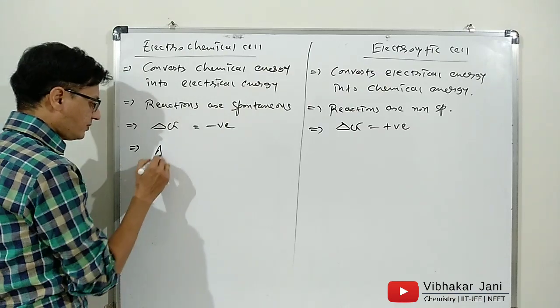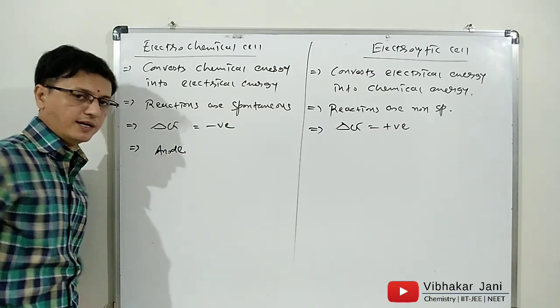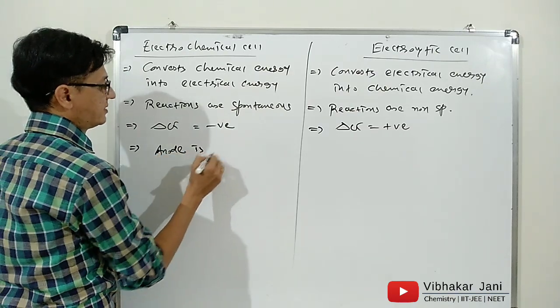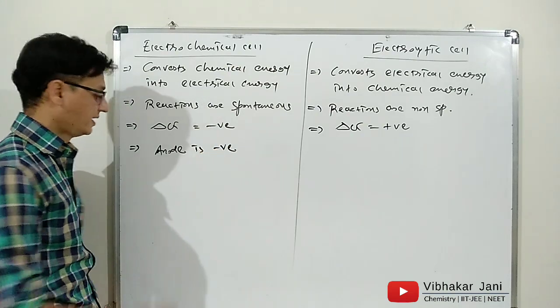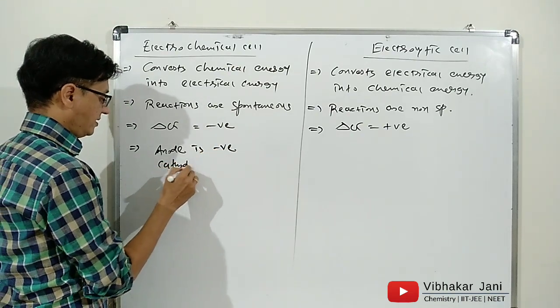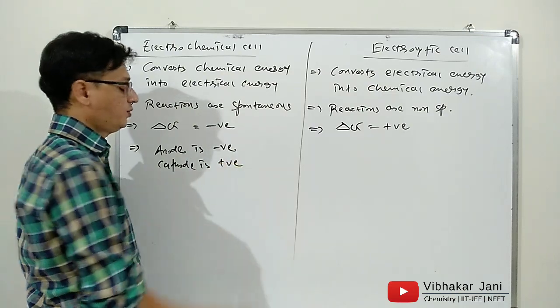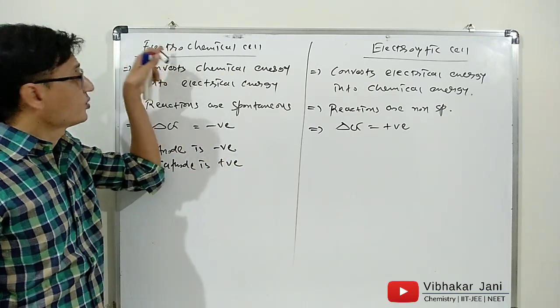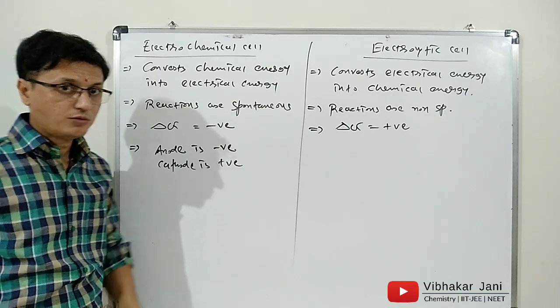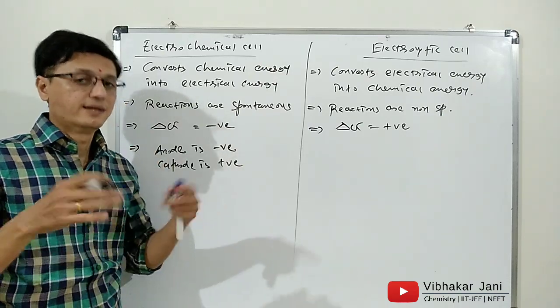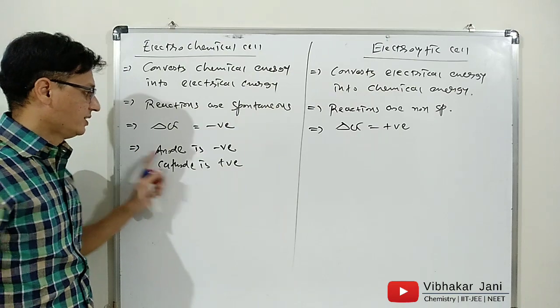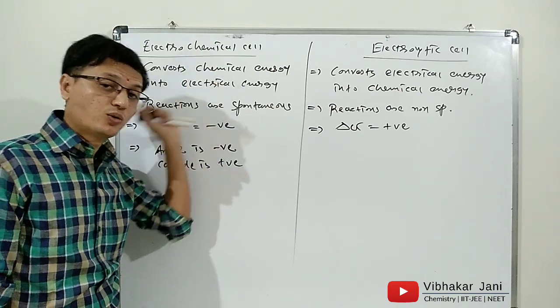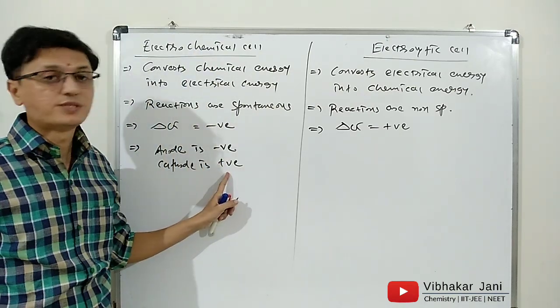Now, anode is the negatively charged and cathode is the positively charged electrode in an electrochemical cell. Now you have to remember this, we will learn it in detail. Anode is negative in electrochemical cell while cathode is positive.